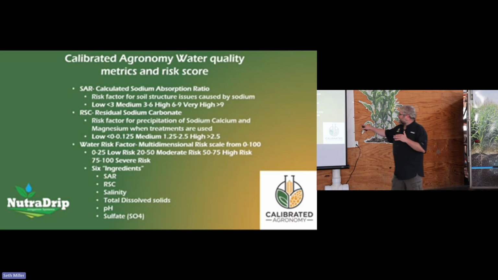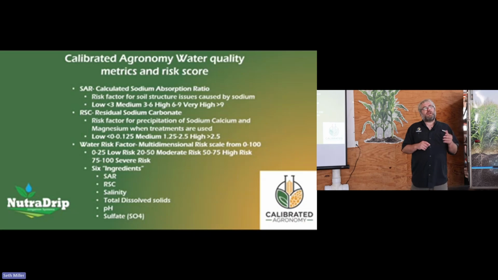For instance, one thing I've found is total dissolved solids, when you look at it on a test. When Kurt was talking, you guys are working with manure water blends, and so we bring some antagonism along with that. A lot of times our total dissolved solids will really skyrocket, but we find that they tend to be easy to work with.